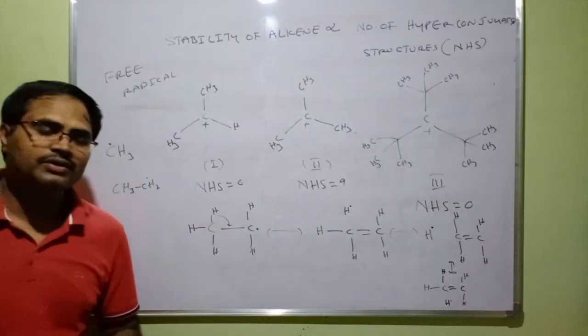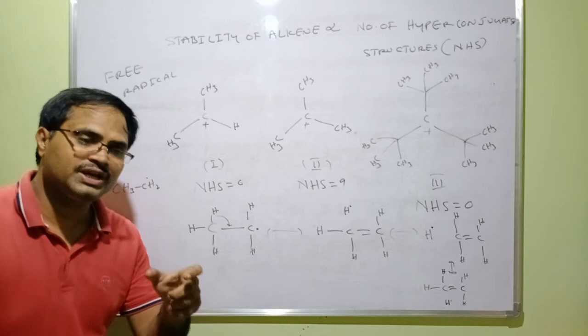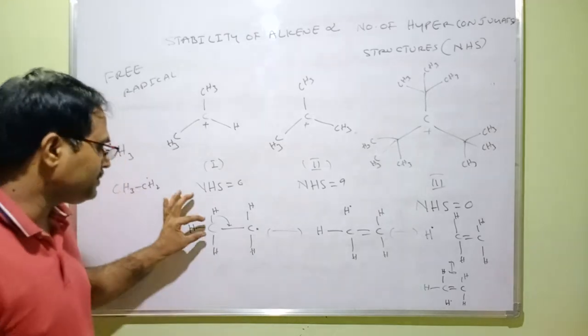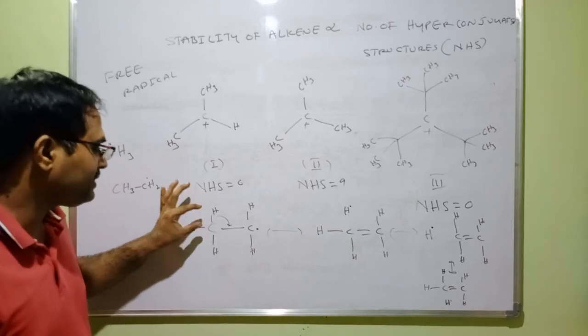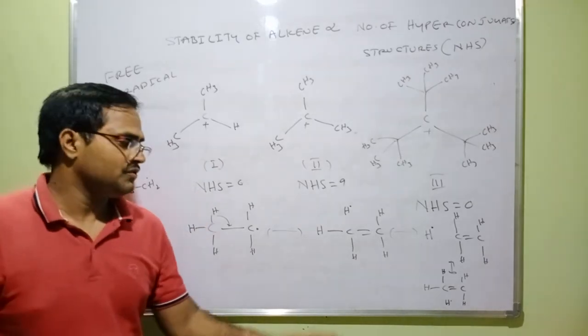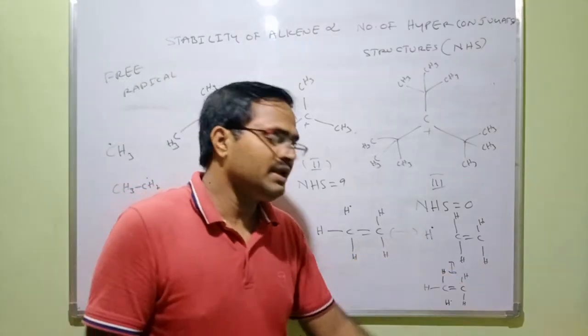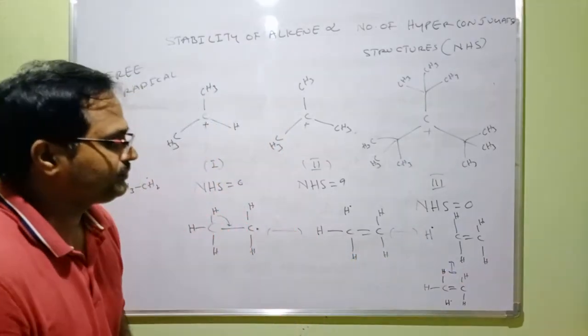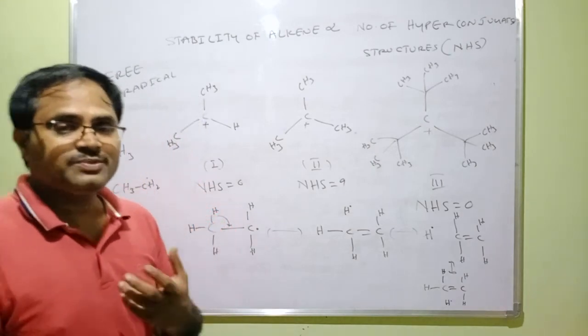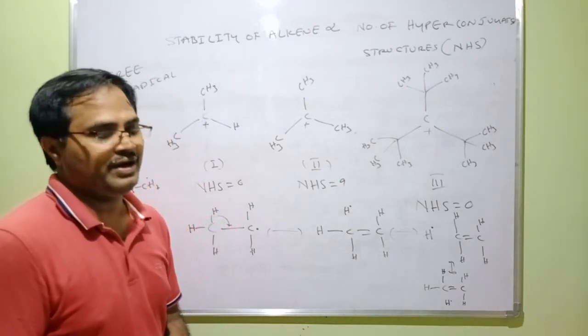The number of hyperconjugated structures always equals the number of CH bonds at the alpha position, at the sp3 carbon. So this is the sp3 carbon or alpha carbon. How many CH bonds do we have? 1, 2, 3. So you will get three hyperconjugated structures. So free radicals also exhibit the hyperconjugation effect.